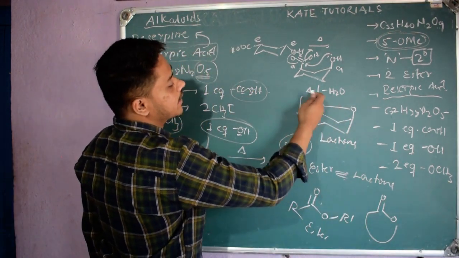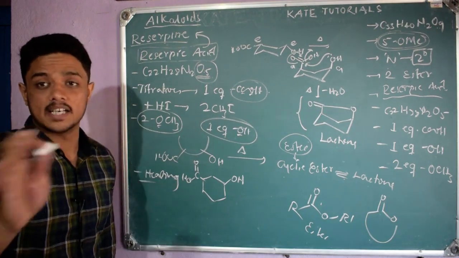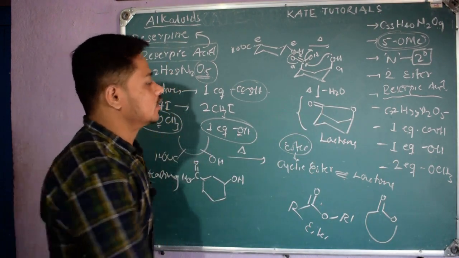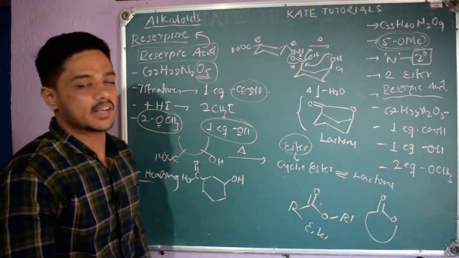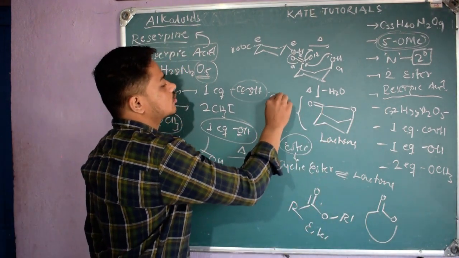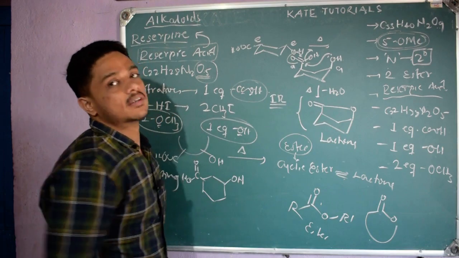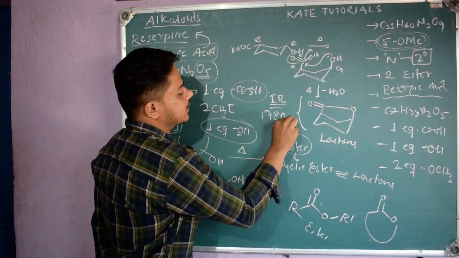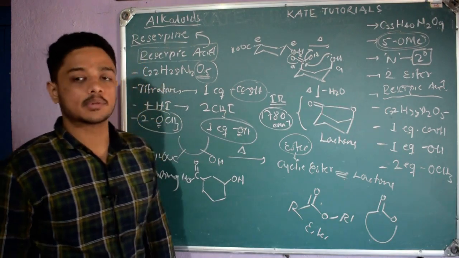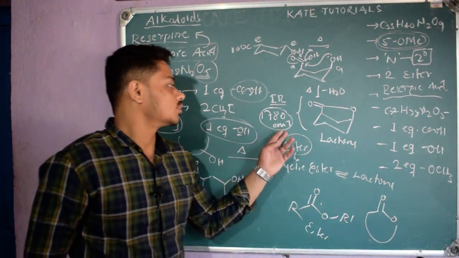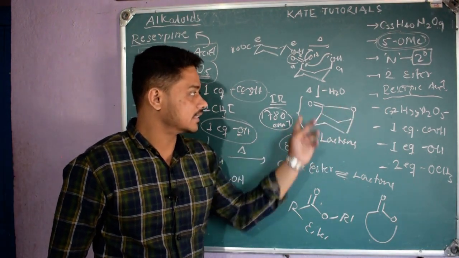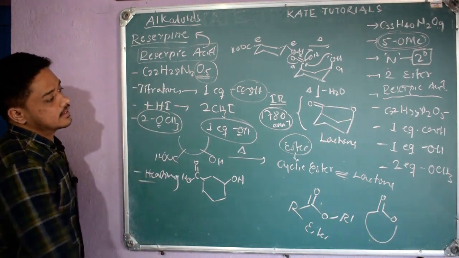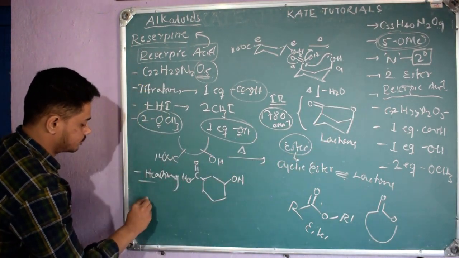At thermodynamic conditions, a 5-membered lactone will be easily formed. These are thermodynamically very stable products, so they are formed very easily. In IR spectroscopy, a 5-membered lactone will be around 1780 per centimeter. When we discuss IR spectroscopy, you will get it there. So when they did this heating experiment, they got this lactone.